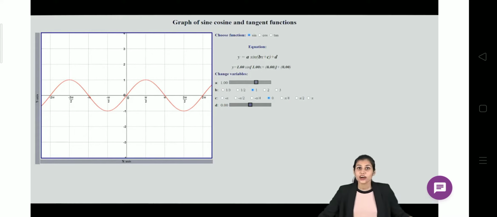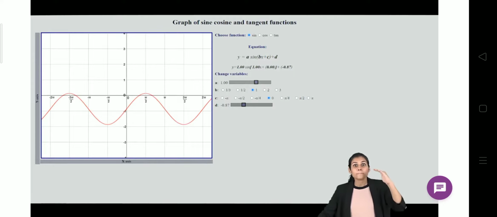Similarly, if this is the graph of sine x plus a, where a is equal to 0, that means this is the graph of sine x. Now, as a is getting smaller and smaller, lesser and lesser than 0, what is happening, can you see? The graph of sine x is shifting more and more vertically in the downward direction.